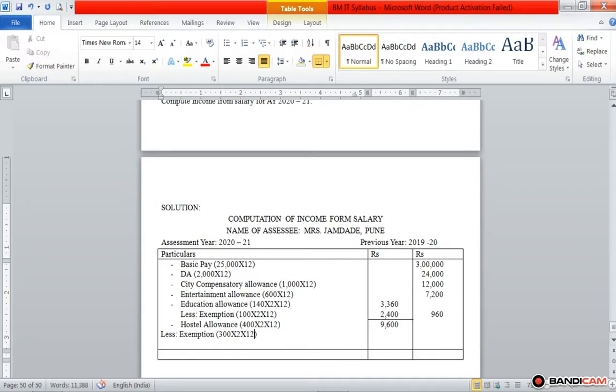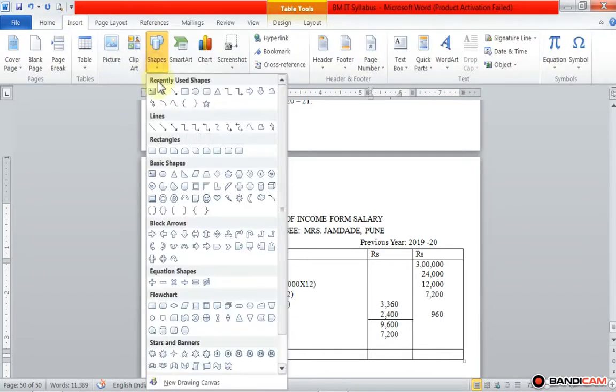Maximum hostel allowance exempted for two children amounts to rupees 300 per month, so here 7200 is exempted, then the remaining balance is taxable.